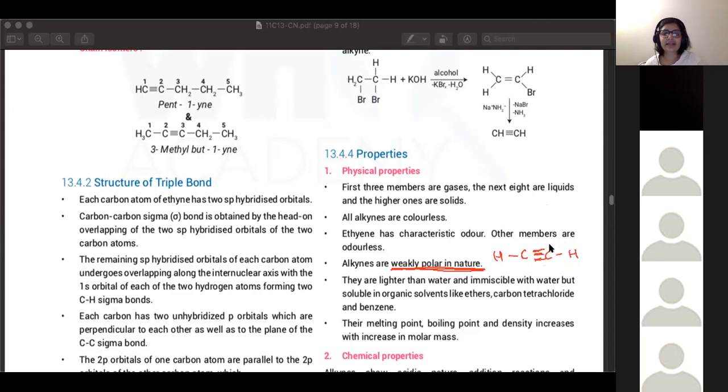So you're saying that gives rise to the polarity? Yes, you're partly correct. Polarity comes from how the electrons are distributed in the bonds. So how would you relate that to the polarity?